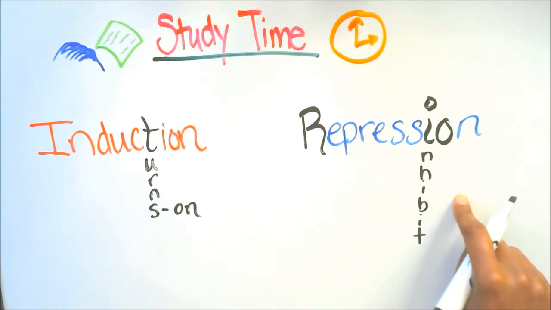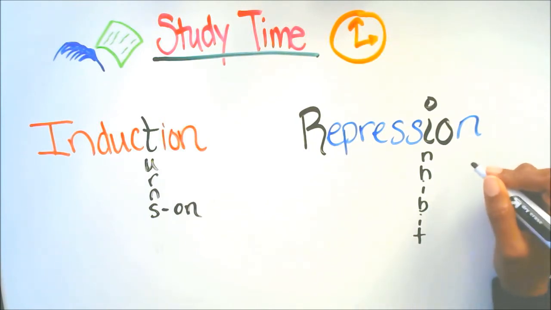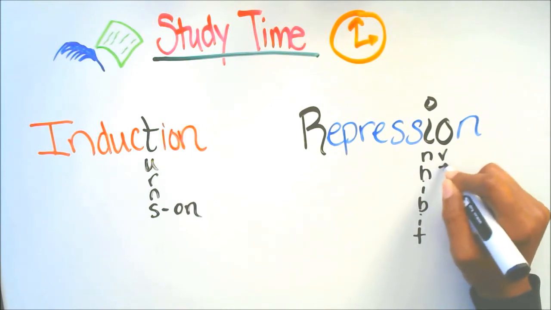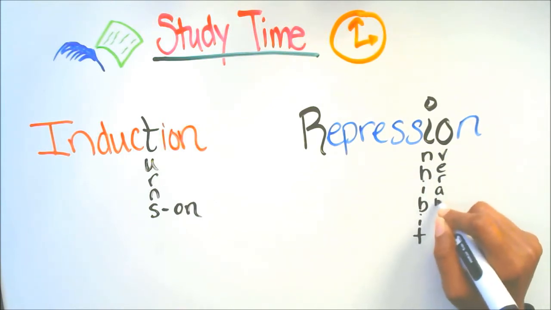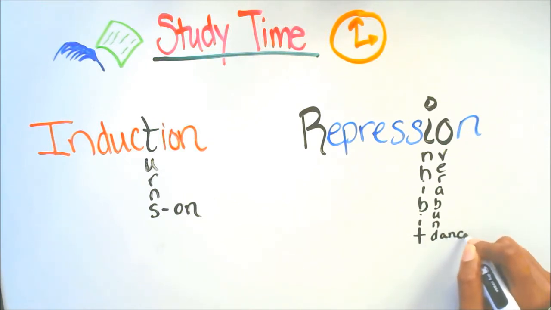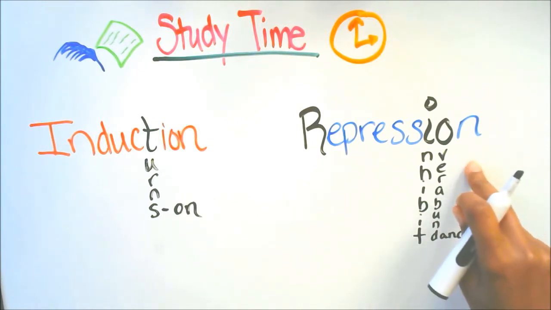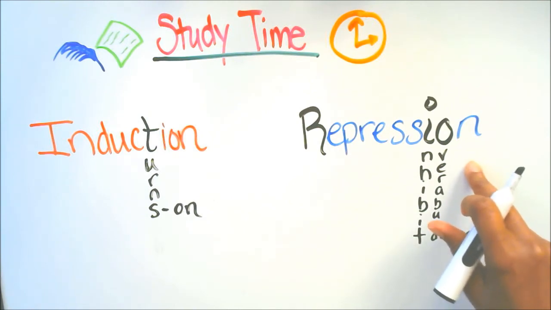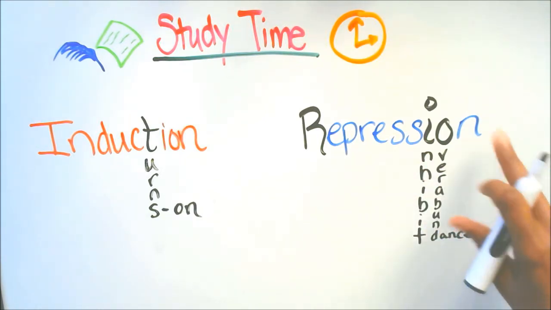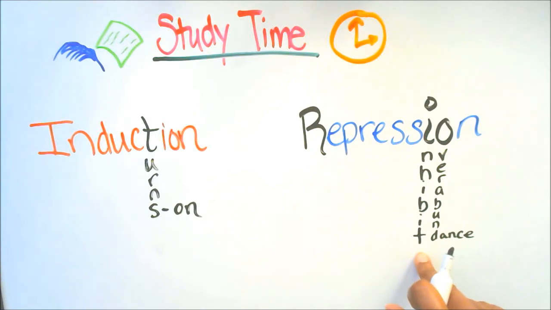So the next letter that I'm going to go with is O for overabundance. Now here, it responds to the overabundance of the end product of the metabolic pathway. So we have repression. It inhibits the expression of genes and it decreases the synthesis of enzymes.